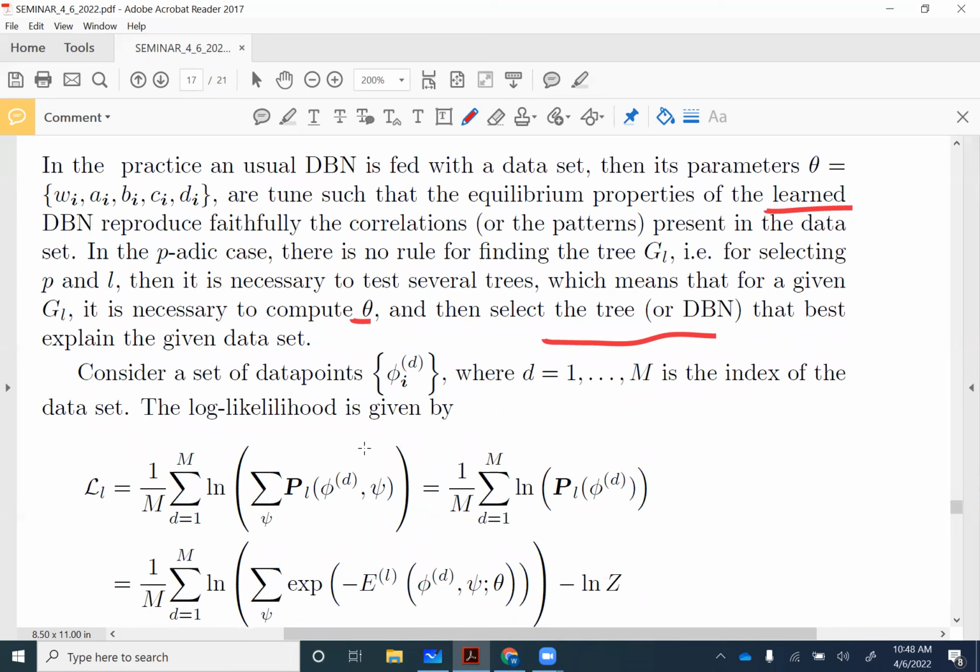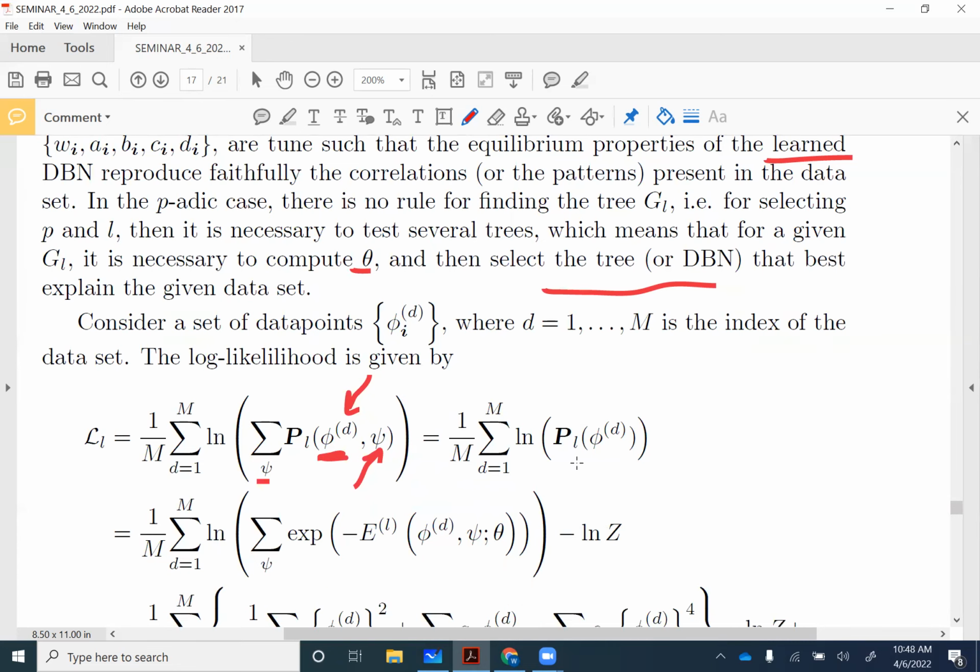Here, this is the probability of the visible field, but now notice that we use the data. This is the joint probability between the visible and the hidden field, but here we are using the data that we have. We have to sum over the hidden field to obtain the marginal probability distribution for the visible field.